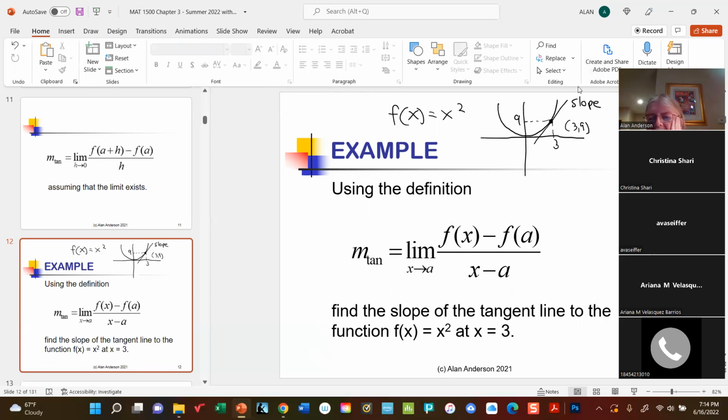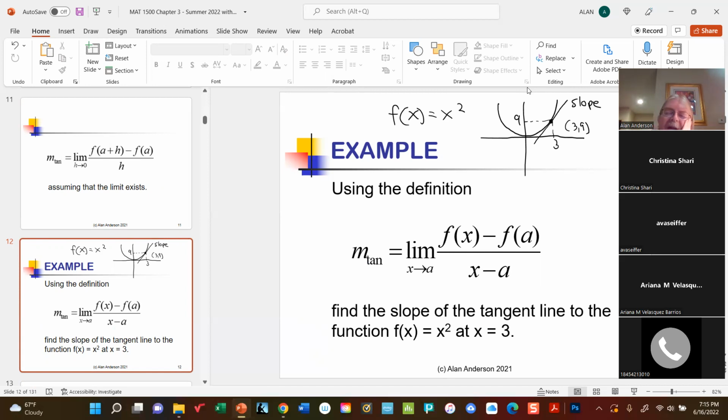Because the slope represents, as you may recall from chapter 1, the rate of change of this function at that point. So in other words, it's going to tell me what would happen to y if x changes ever so slightly. So if I increase x from 3 to, let's say, 3.1, I want to know what happens to y. That's what this is going to give me.